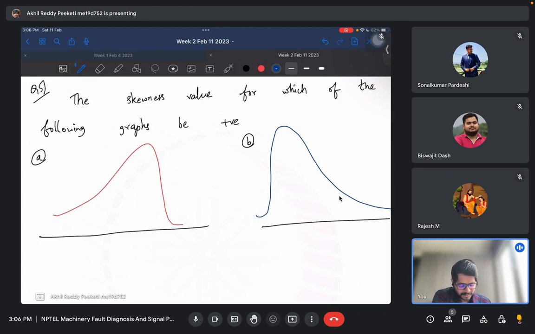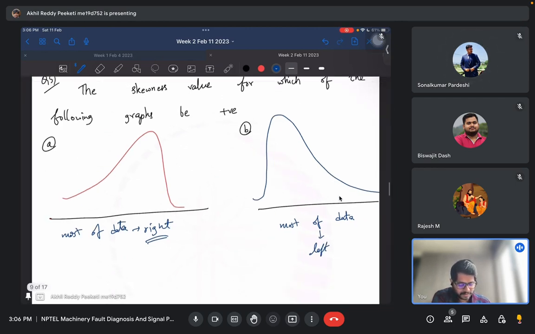One graph looks like most of the data is towards the right, and one graph has most of the data towards the left. Is that clear at least? Here most of the data is towards the right, and here most of the data is towards the left.